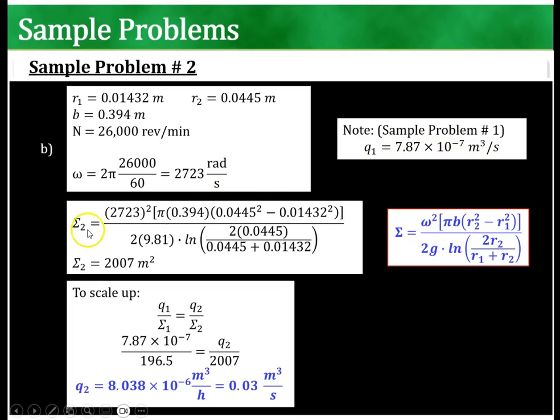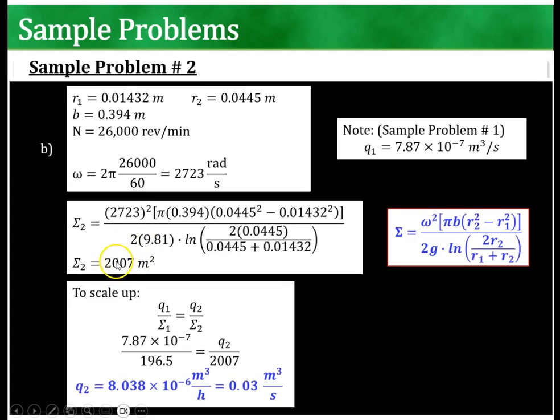So I'll solve first for the sigma. Again, this is the formula on the right: omega squared times pi times 0.394, and then radius 2 squared minus radius 1 squared all over 2g ln 2 times radius 2 all over radius 2 plus radius 1. So you'll get a sigma 2 of 2007 square meters.